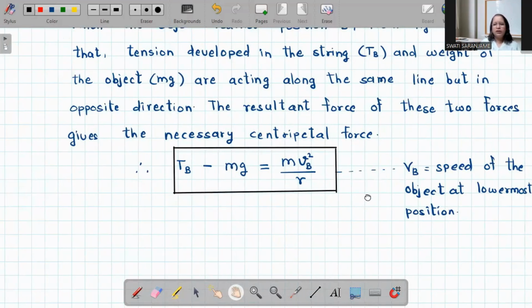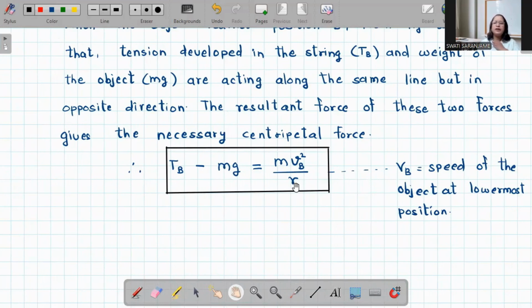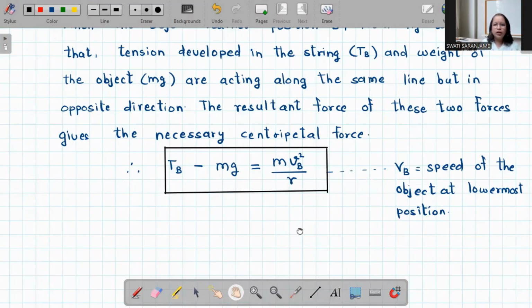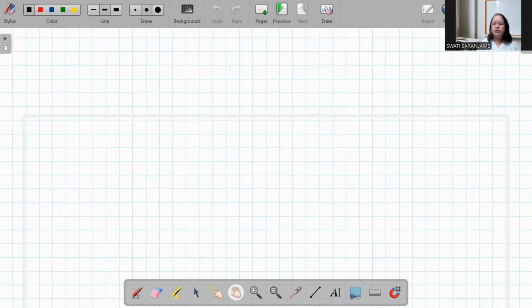Now, our task is to find this vB, the speed acquired by the object when it reaches the lowermost position. Okay, so here I am opening a new page. For finding out the speed of the object at the lowermost position, we use the law of conservation of energy.